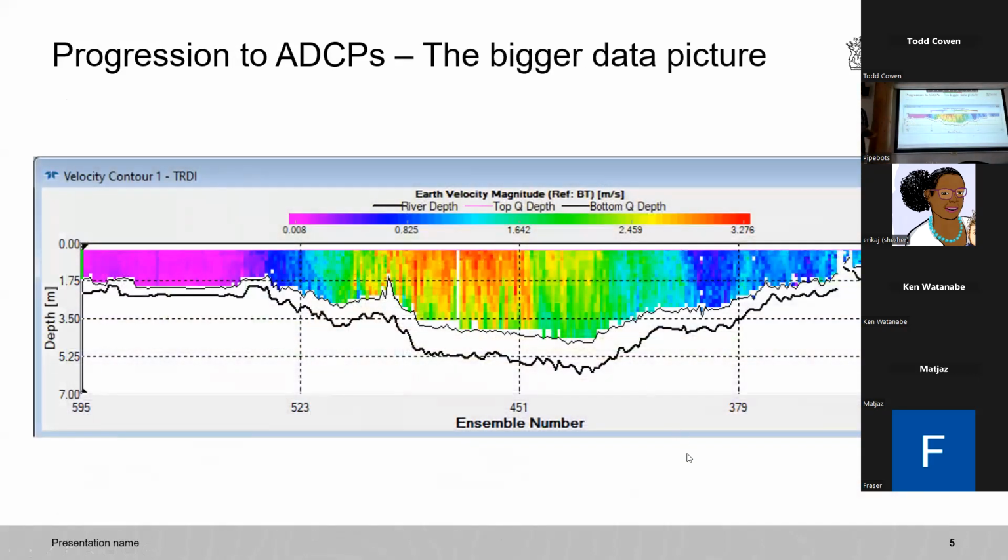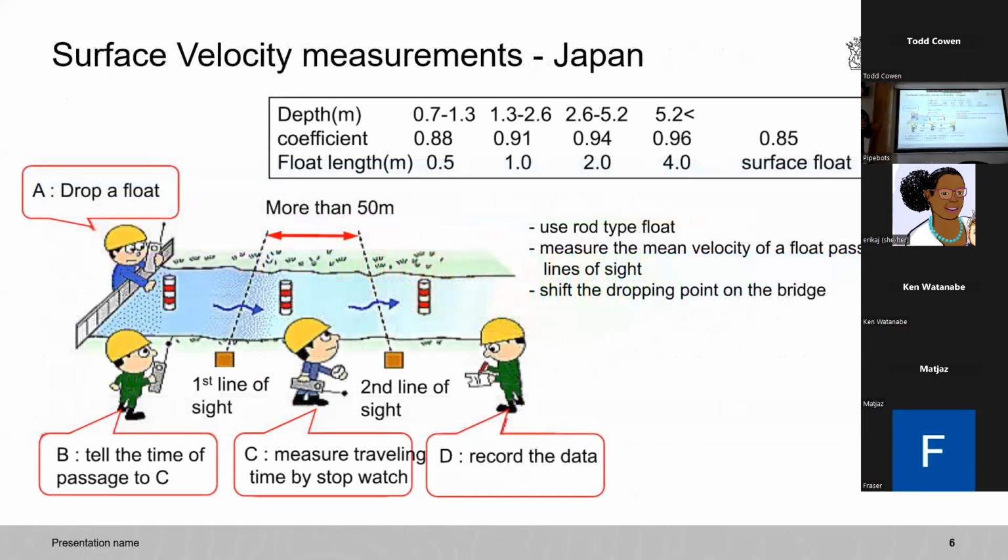The progression to ADCPs was a game changer because suddenly we could see what was happening under the water surface, velocity profiles, all in 3 dimensions, as well as mapping the bed at the same time. So really the need for velocity profile knowledge kind of disappeared with the ADCPs. A lot of the time, until the invention of QRAD, we were just using 1/6 power.